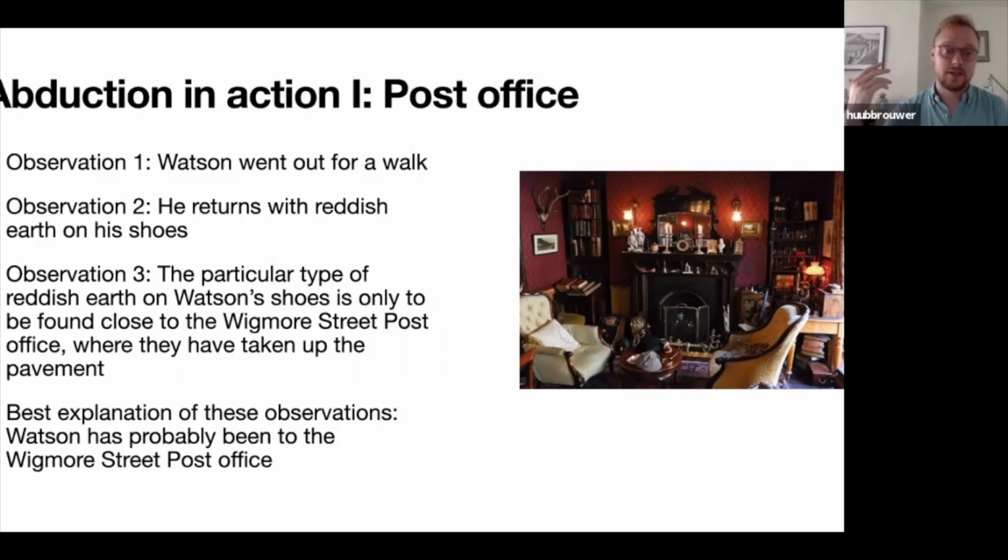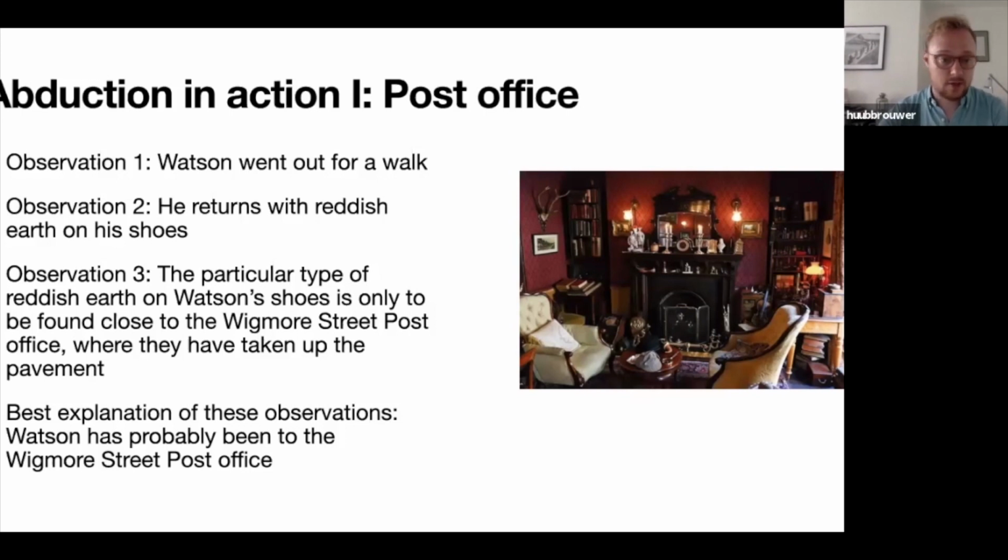Second observation is that Watson returns with reddish earth on his shoes. And the third observation, which Holmes made sometime before, is that this particular type of reddish earth that Watson has on his shoes is to be found close to the Wigmore Street post office, where they've taken up the pavement. And Holmes then considers various explanations that you might have of these three observations.